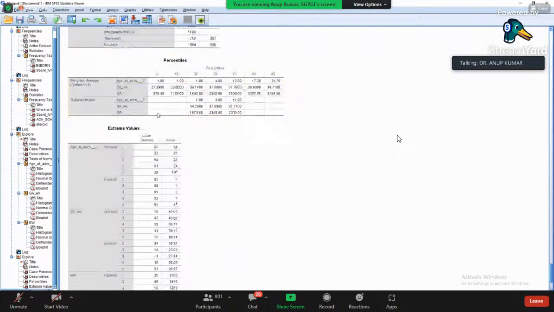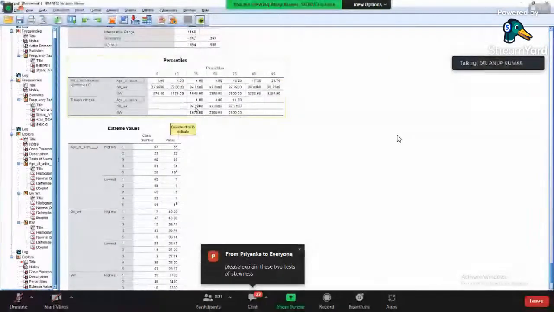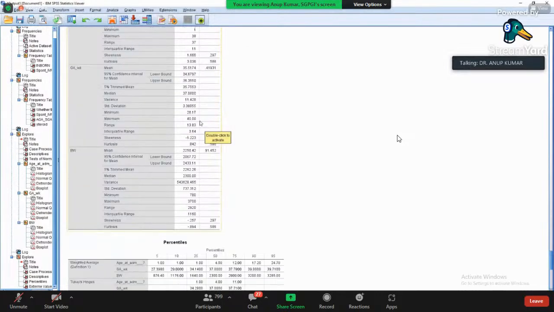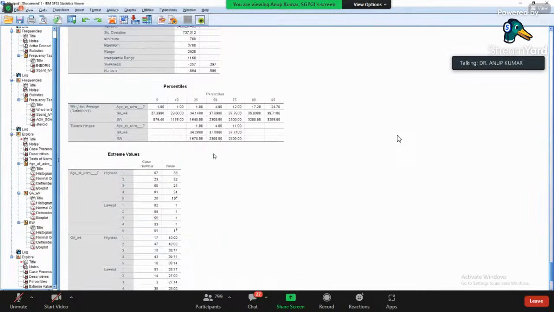Similarly, for gestation age at week, 25% of the babies are born below 34 weeks, and only 25% of the babies are born above 37 weeks. Similarly, for birth weight, 25% of the babies are born with 167. So this is how you read and describe your data. The mean and standard deviation you can find from here, and the percentiles you can find from here.